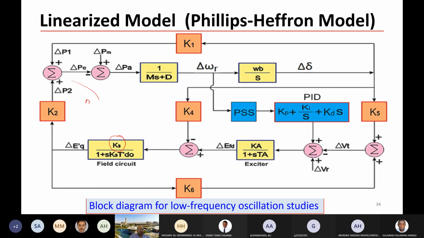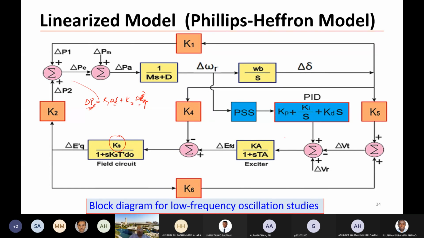We can express delta PE, electrical power, equal to K1 times delta delta plus K2 times delta EQ prime. So we express delta electrical power in terms of the states, delta delta and delta EQ prime.